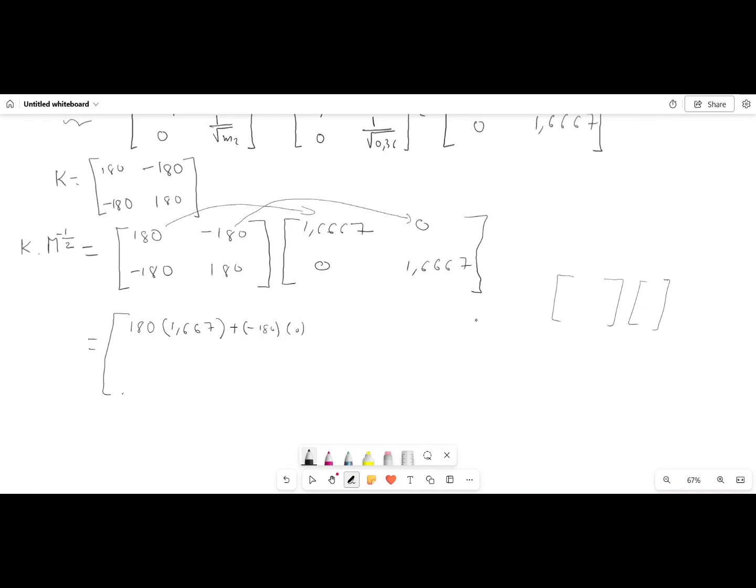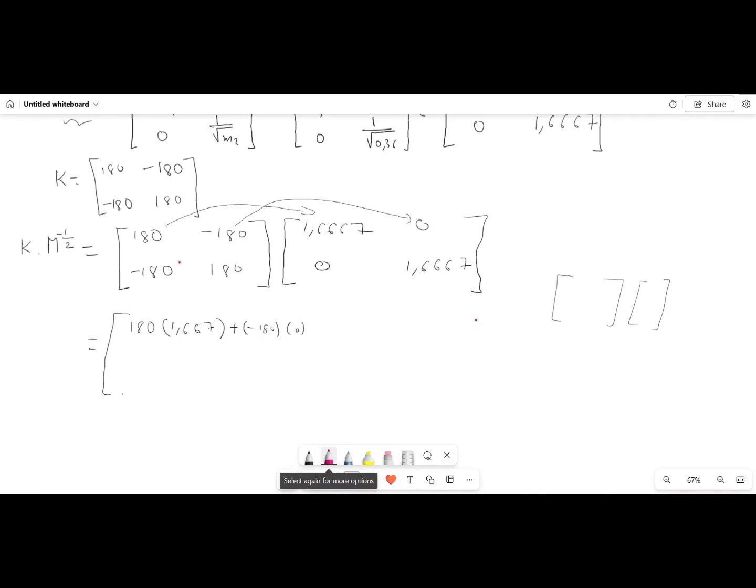Any question? No questions. Okay, now let's move. How do we fill the second row at the bottom? Let me use a different color.